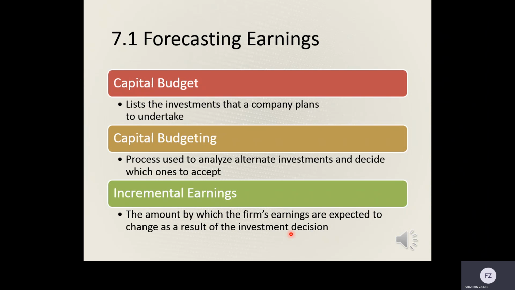We are looking at before the project comes in and after the project comes in, what are the effects. Every time we figure out the line items, whether revenues or costs, we are looking at the additional effect, which we call the incremental earnings.